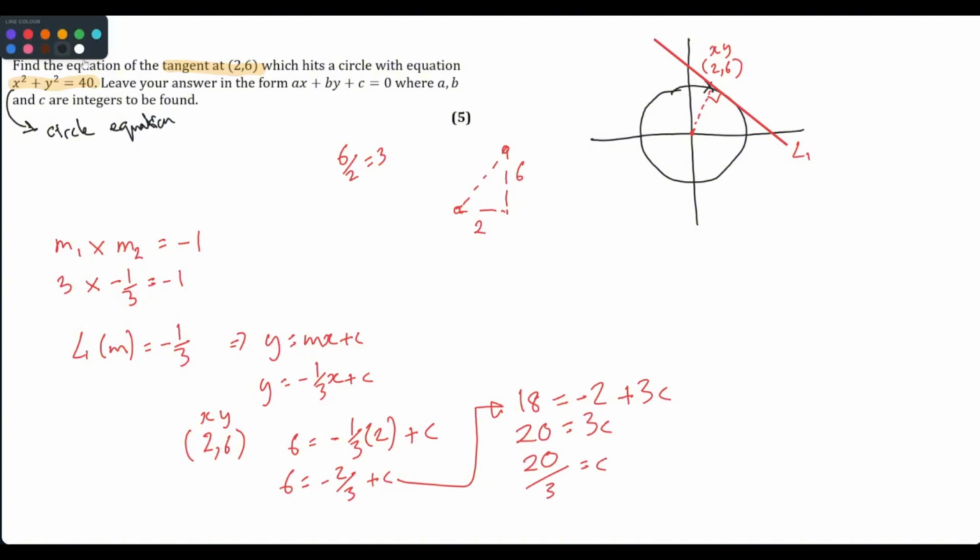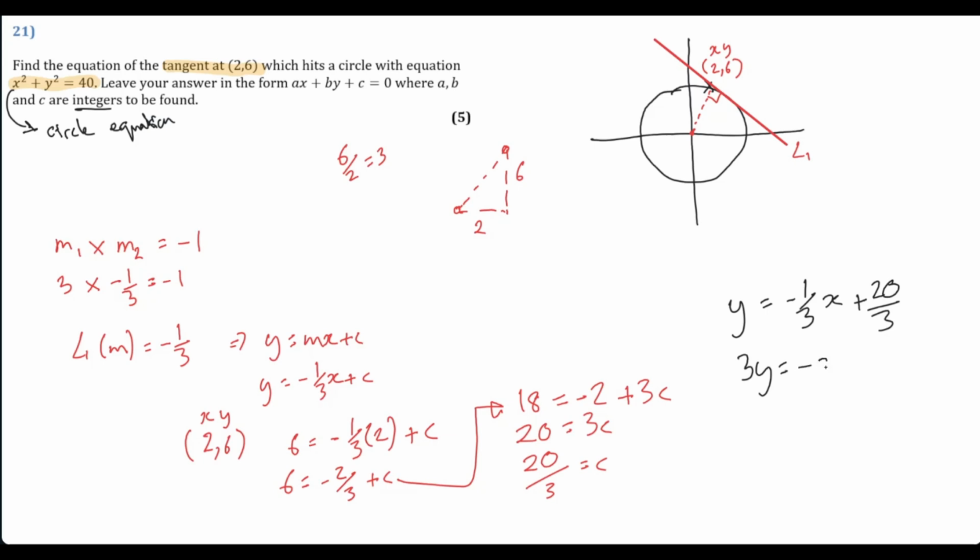Very close now. So y is equal to minus 1/3 x plus 20 over 3. But we're not finished yet, because it says ax plus by plus c, so we need it in that form. Plus it says these are integers, but we have fractions here, so I'm going to times by 3. So both terms are being multiplied by 3. That will remove the 3 for both terms on the right.